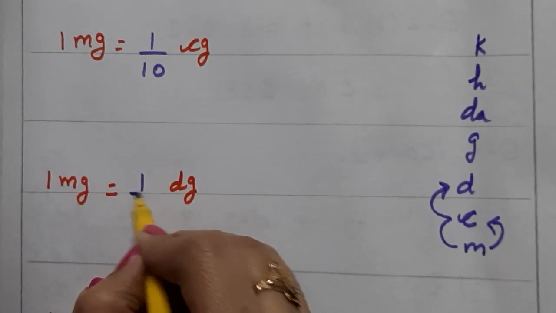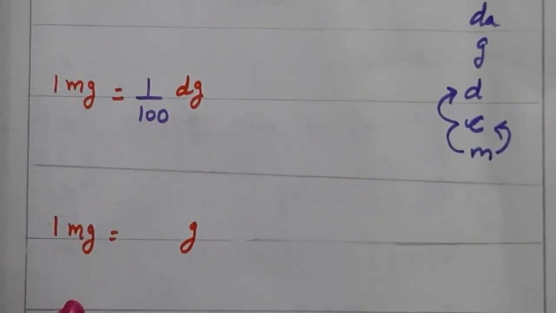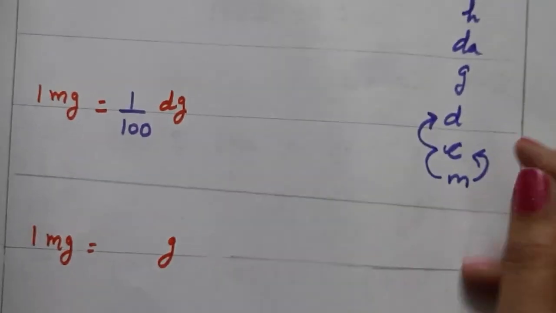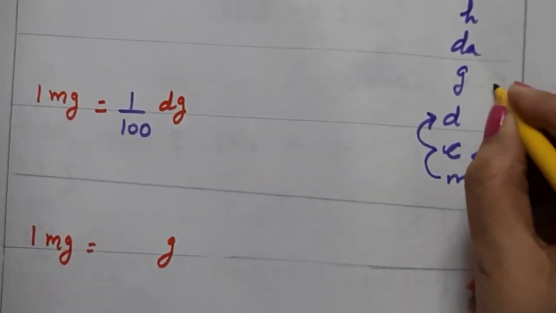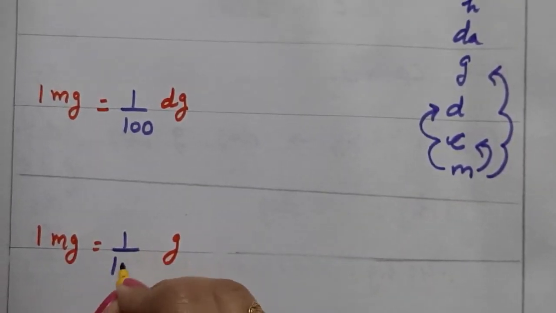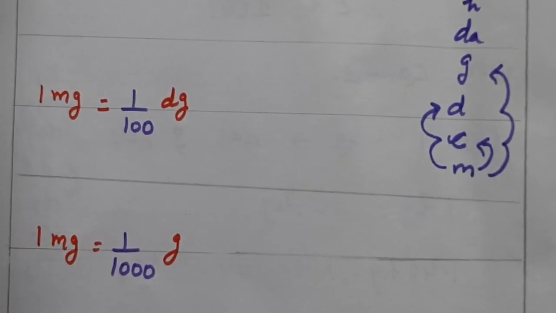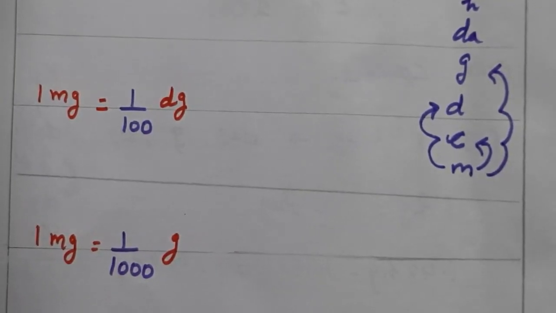So 1 upon 100 decigram. Milligram to gram. 1, 2 and 3 steps above you are going. So 1 milligram is 1 upon 1000 gram. Got it? Now write down the given term. First of all, write down the correct formula. Then whatever number is given, write the number in the place of 1.